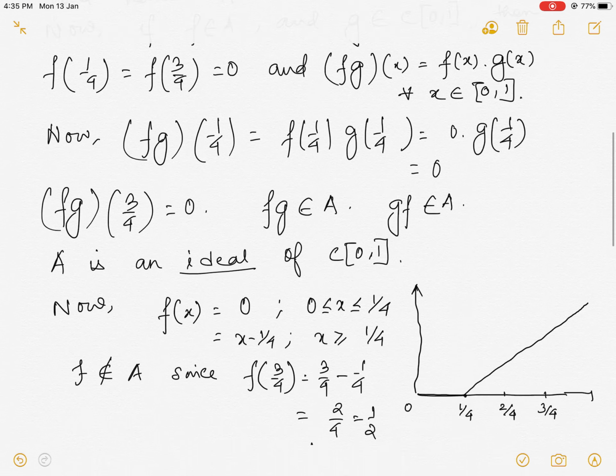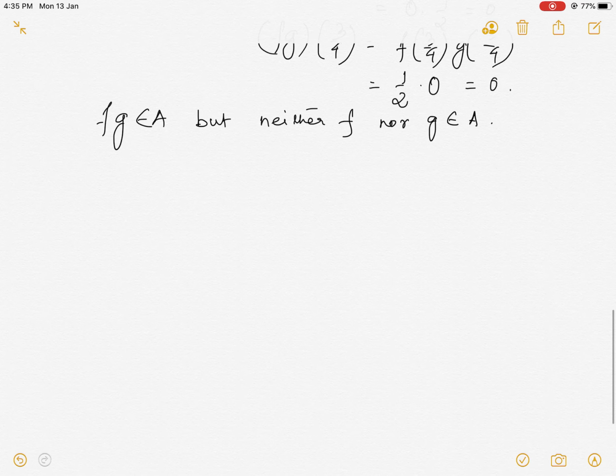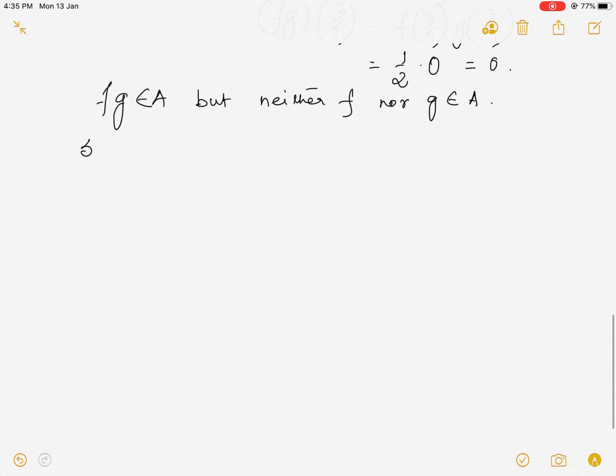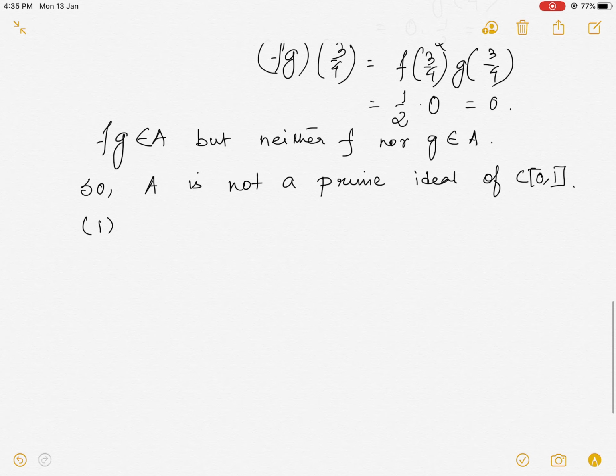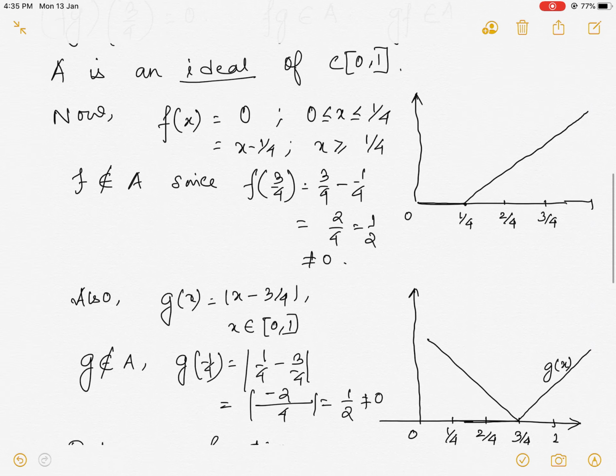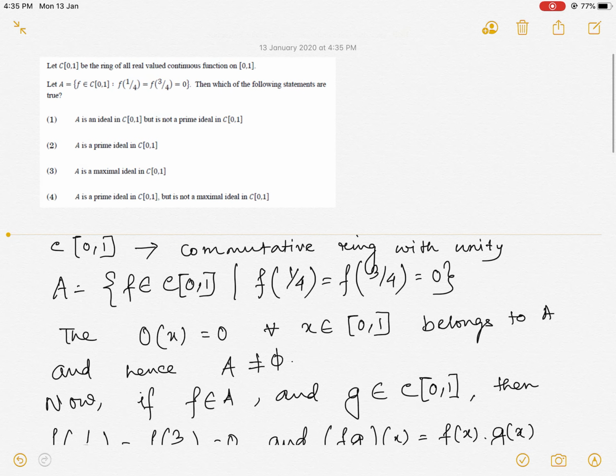So A is not a prime ideal of C01. A is an ideal but not a prime ideal. Thus, our option 1 is correct. Now, we have checked that A is an ideal but not a prime ideal. 1 is true.